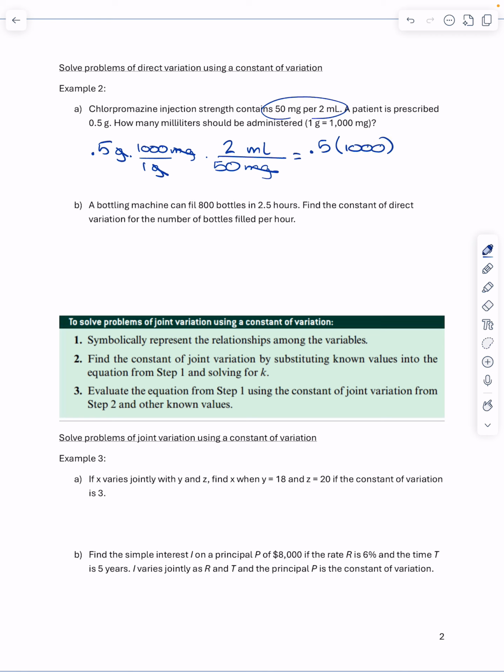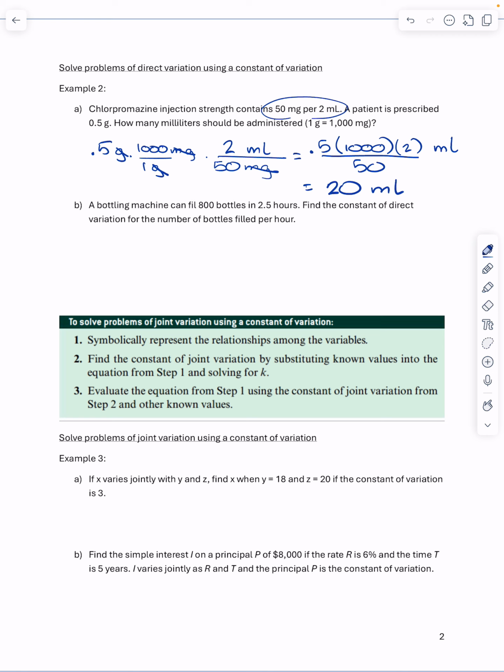We're going to multiply everything in the numerator, times 2. Our label is going to be milliliters. That's what we have left. Divided by 50. Once we multiply everything in the numerator and divide by 50, we get 20 milliliters.